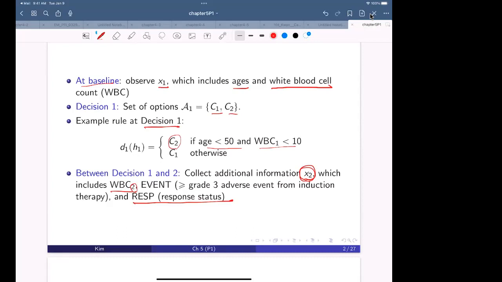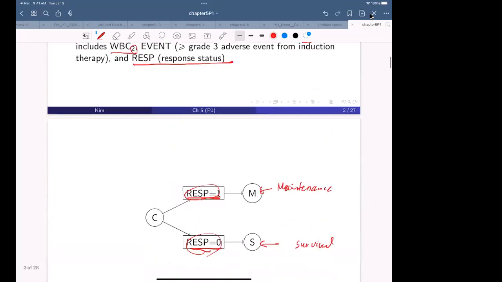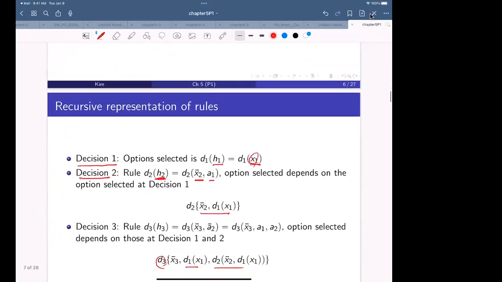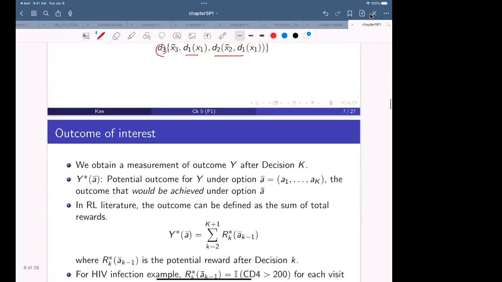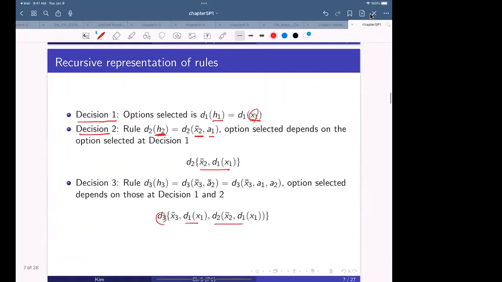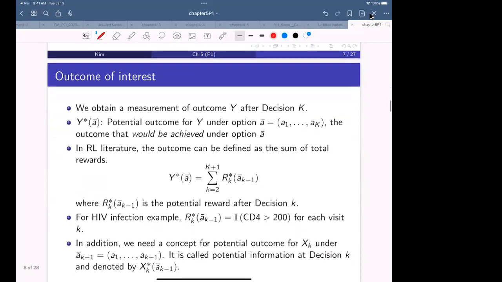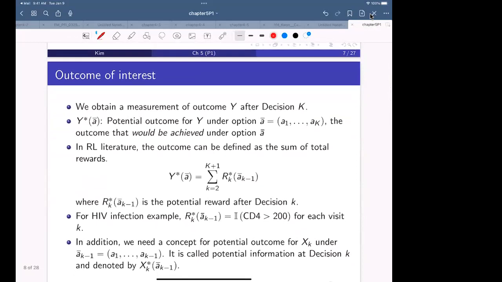If the patients declined earlier, they may decline at X2, which makes it even more complicated. Anyway, that's where we are now.